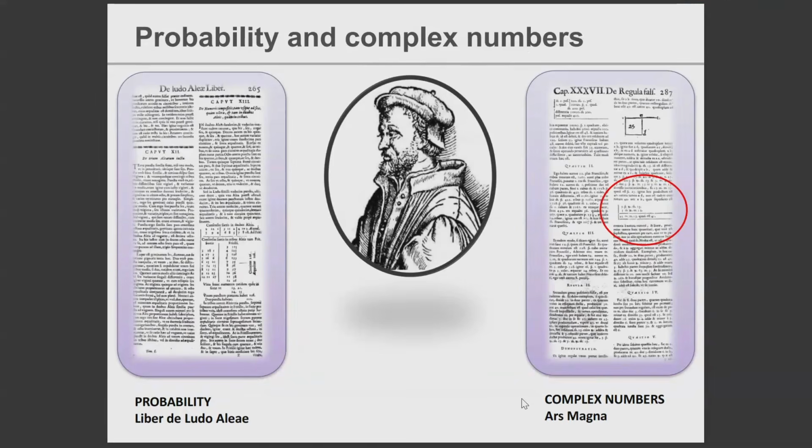The thing is that as a gambler, he had some notes and a set of manuals, and they were not published until after his death. He passed away, and those things were collected by some of his colleagues and students and put together. So the essay on probability, Liber de Ludo Aleae, was published after his death.